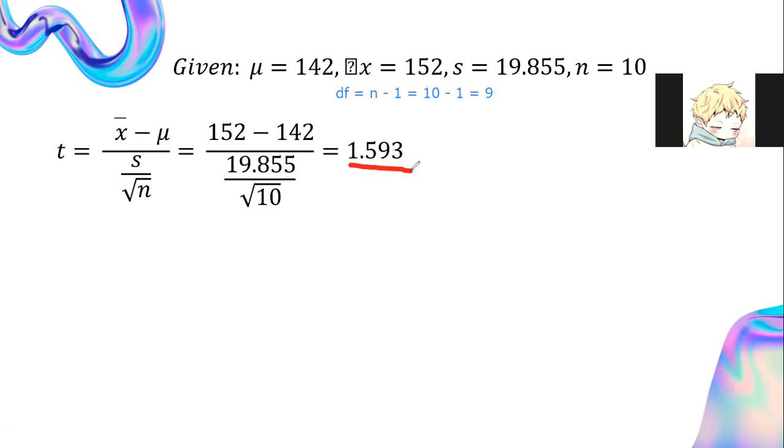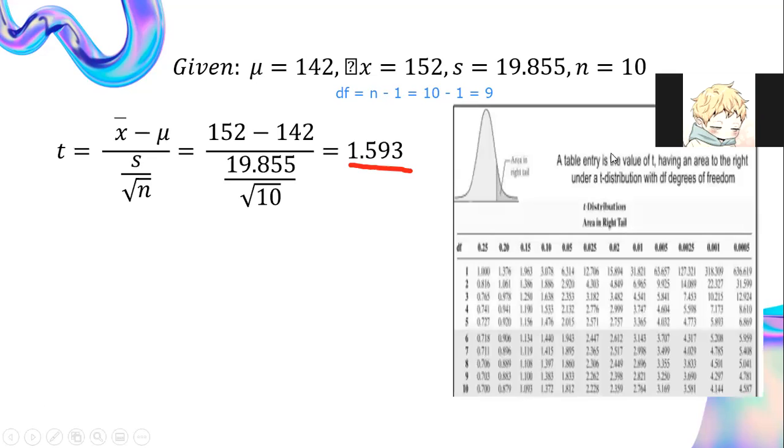Then saan natin siya i-compare? Siyempre sa critical value or sa tabular value. Saan natin makikita yon? Yan. So this is the table of the t-test. So ang degrees of freedom natin, dito natin makikita is 9. And then, the level of significance natin is 0.05.